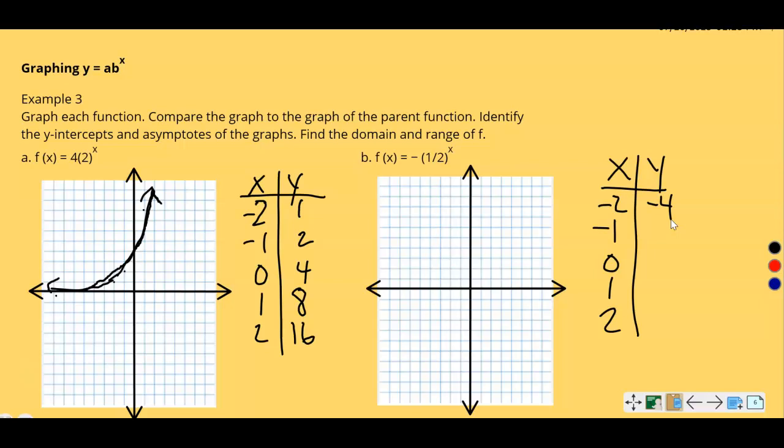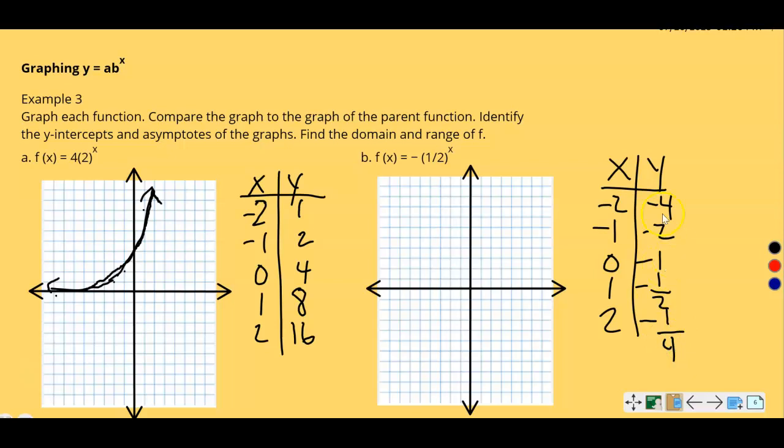Do the reciprocal. I'm going to get -2. 0, anything to the 0 power is 1, so that becomes -1. Take 1 and substitute it in. That's just going to be -1/2. Take 2 and substitute that in. 1/2 squared would be 1/4 times -1 is -1/4.